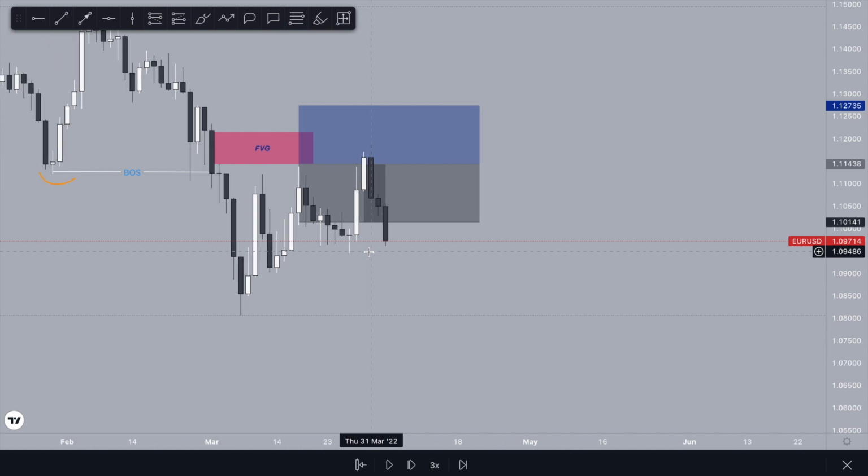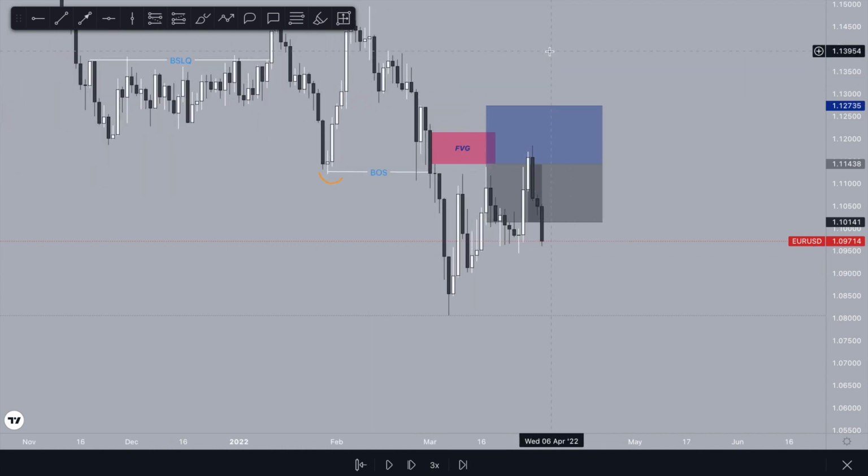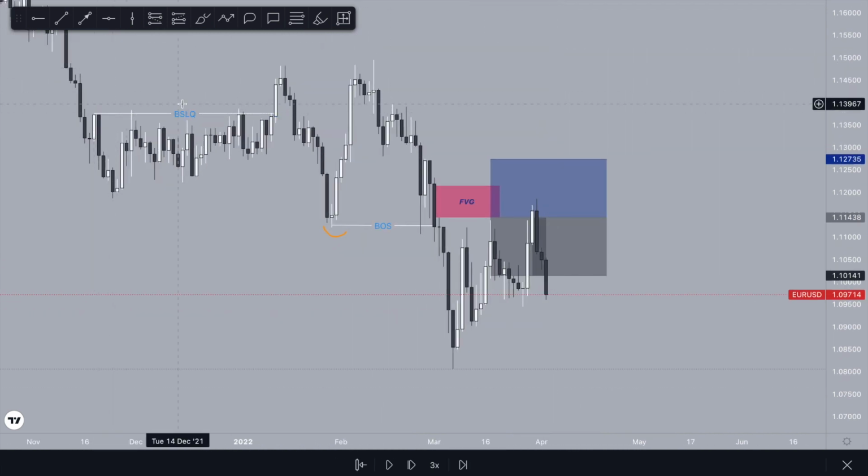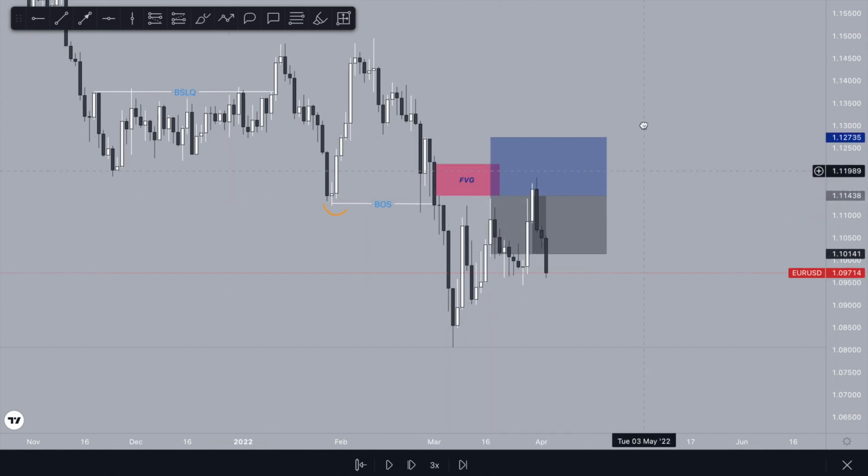Price moves aggressively. So that's how we have the run of liquidity, we have our swing low, then our displacement, break of market structure, and then our fair value gap. That's the model. So we have a perfect example here.